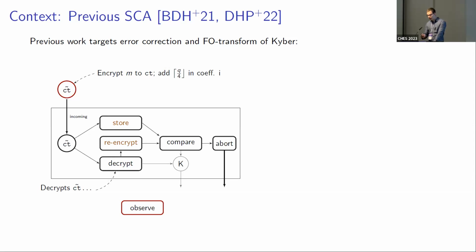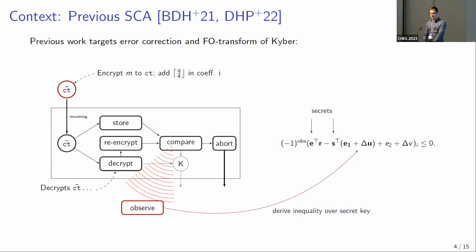The device then re-encrypts the message to a ciphertext, and then compares both the ciphertext that was submitted and the re-encrypted ciphertext. And if there's leakage in the comparison operation, then the attacker gains information. And in Kyber, this comes in the form of an inequality that is linear in the secret key. So in the inequality on the right side here, E and S are the secrets, and the other terms are known to the attacker. So we have an inequality that is linear over the secret key.